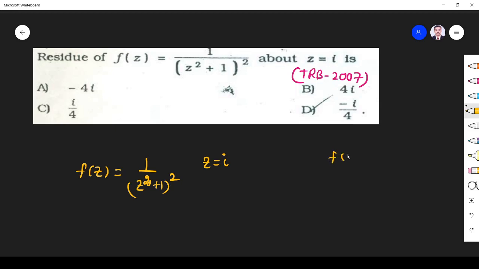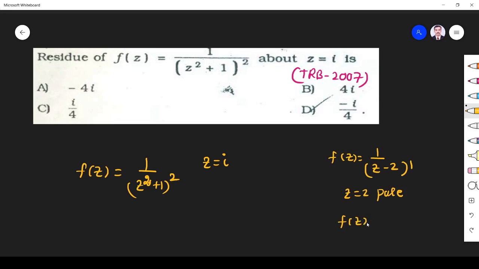Let us assume f of z is equal to 1 by z minus 2. A pole is a value of z which makes your function infinity. So when you substitute z equal to 2, it becomes infinity, so z equal to 2 is a pole. It is a simple pole, a pole of order 1, because it is power 1.